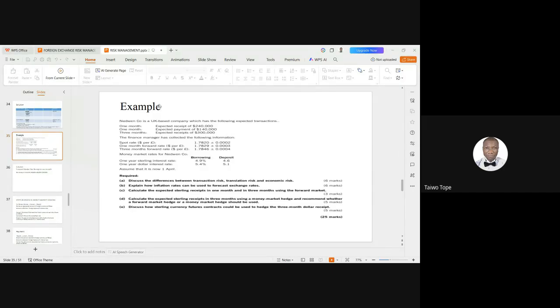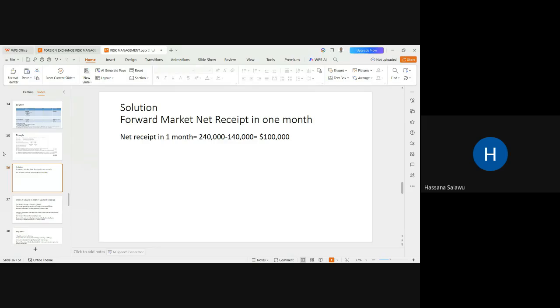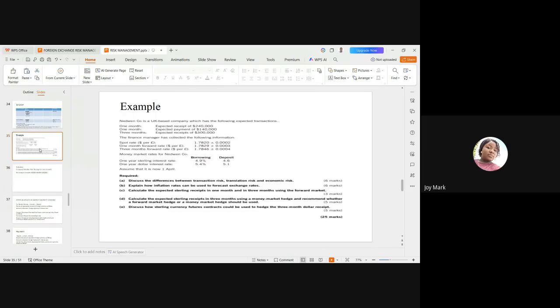When you receive these dollars, what will you do with it? You cannot use it in your own home currency. You need it in pound sterling. So since it's a receipt, are you using the higher value or the lower value? The higher value. So now, based on this question, in 1 month, your higher value will be what?